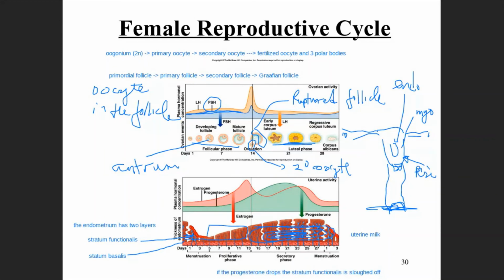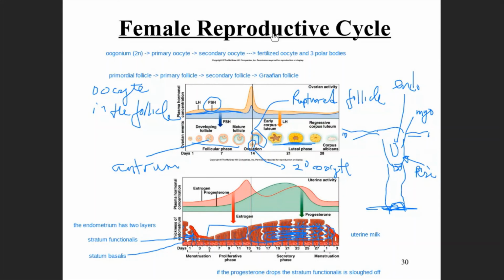Menstruation usually takes about 2, 3, 4, 5 days. And then, as you can see here, menstruation starts here, 3 days, additional 3 or 4 days, and then the follicle starts to develop, and then you rebuild the endometrium again.